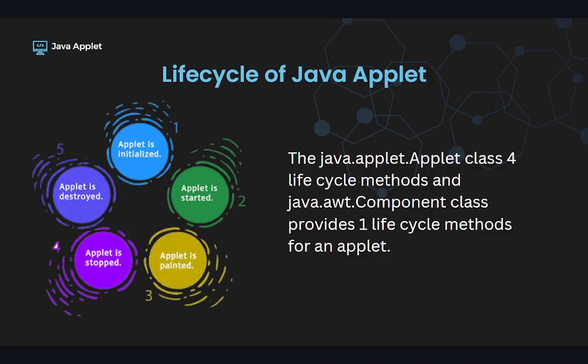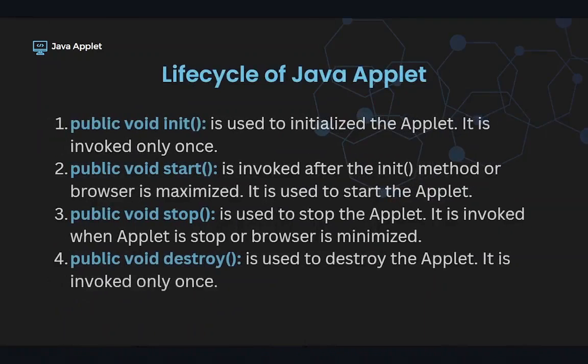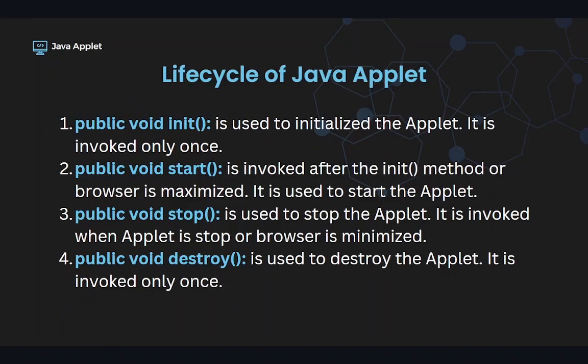First is the public void init method, which is used to initialize the applet. Here we put the tools needed for our Java applet application.